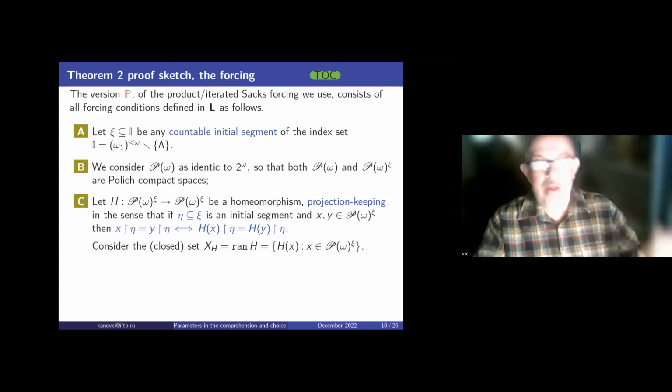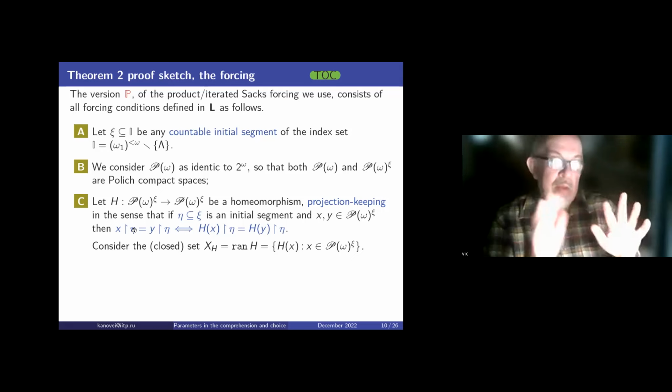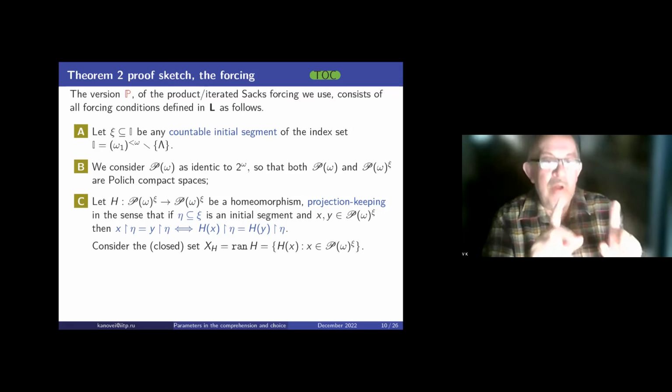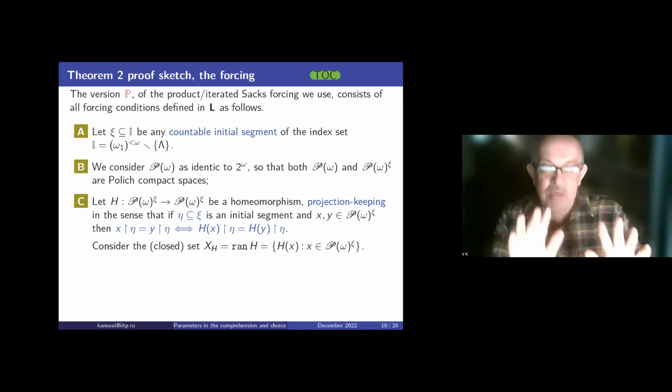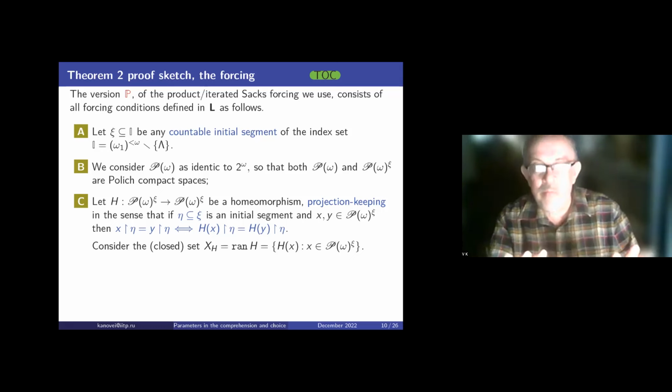That is, take any initial subsegment eta and 2 elements, 2 points in this space. Then what is the requirement? If their projections onto this initial segment are equal if and only if projections of their images onto the same initial segment are also equal.